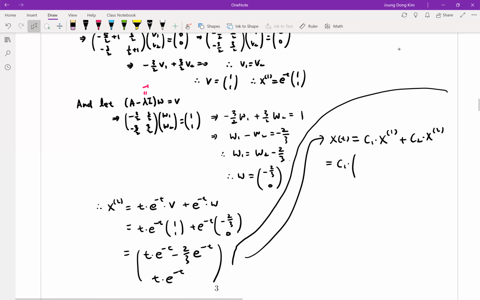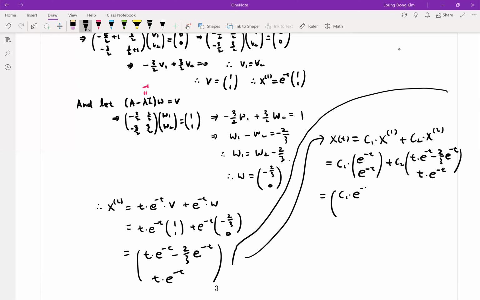There we go, e to the minus t and e to the minus t, and C2 times x2, t e to the minus t minus 2/3 e to the minus t and t e to the minus t. When you combine these two, C1 e to the minus t plus C2 t e to the minus t.